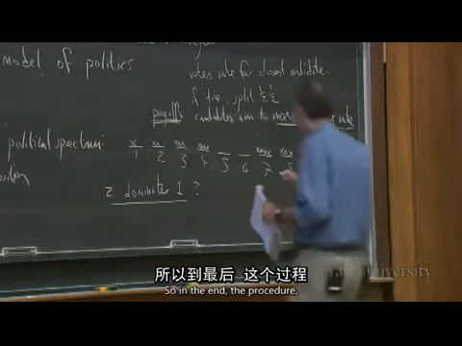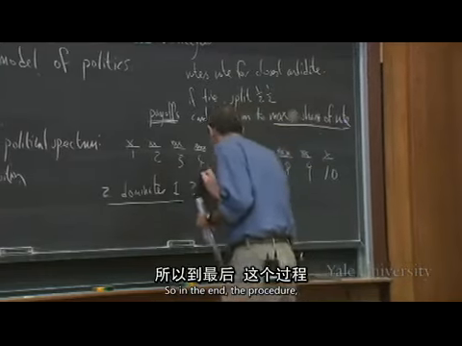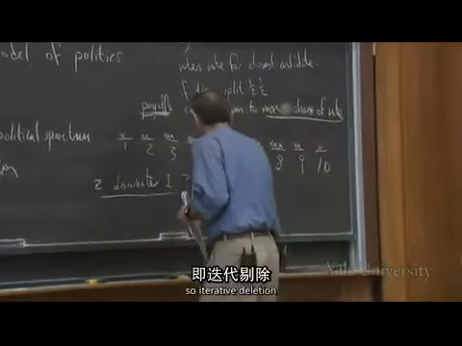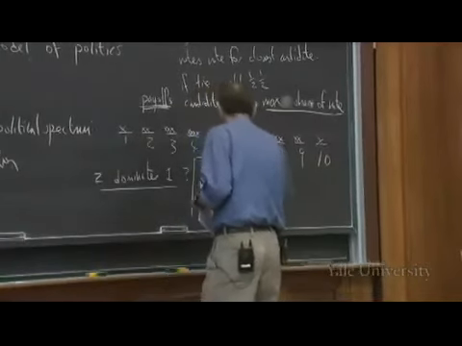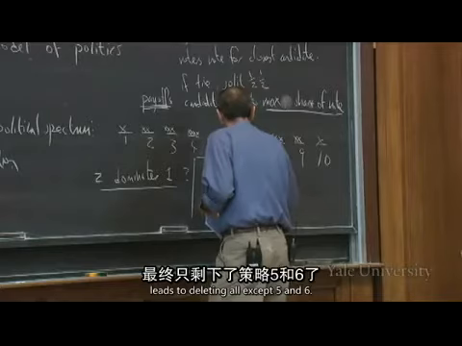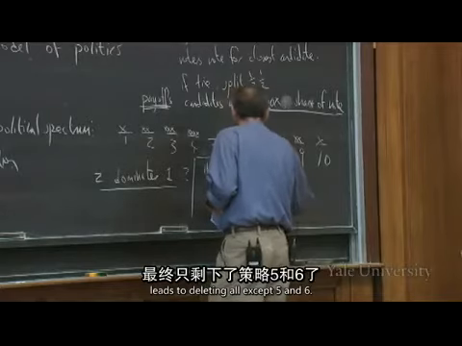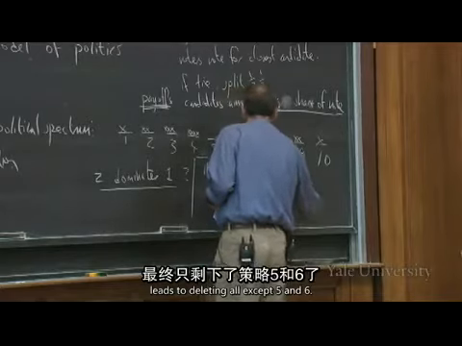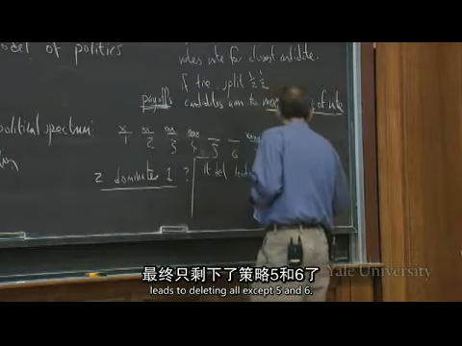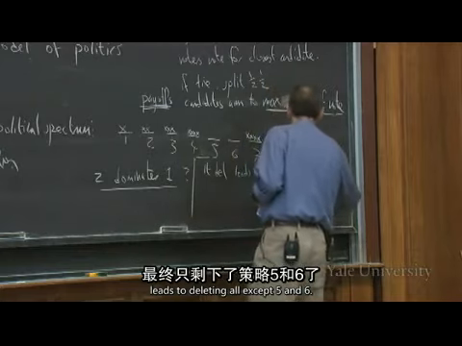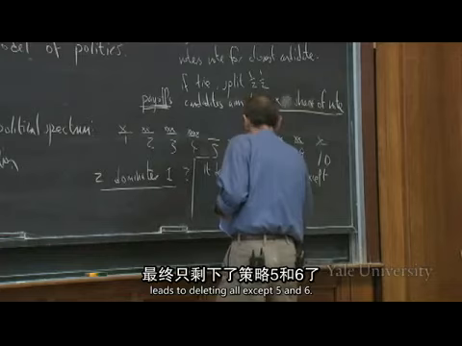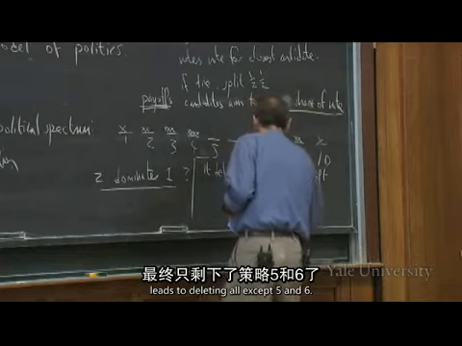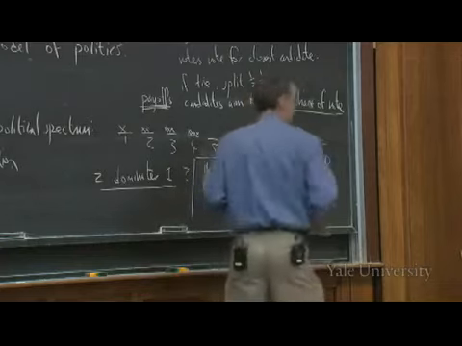So at the end, the procedure, iterative deletion, leads to deleting all except 5 and 6.